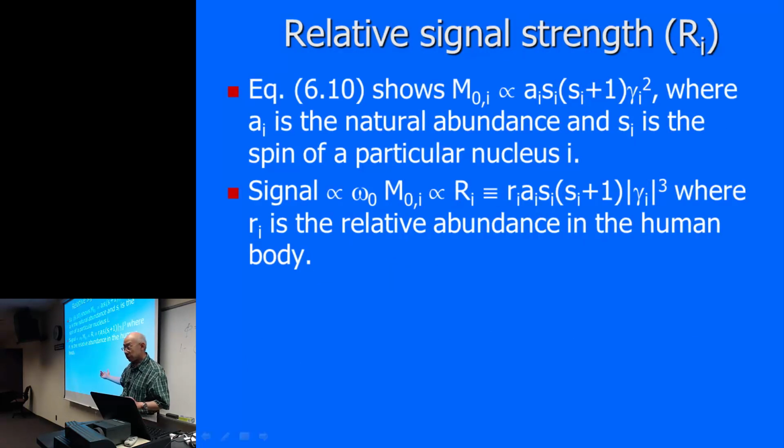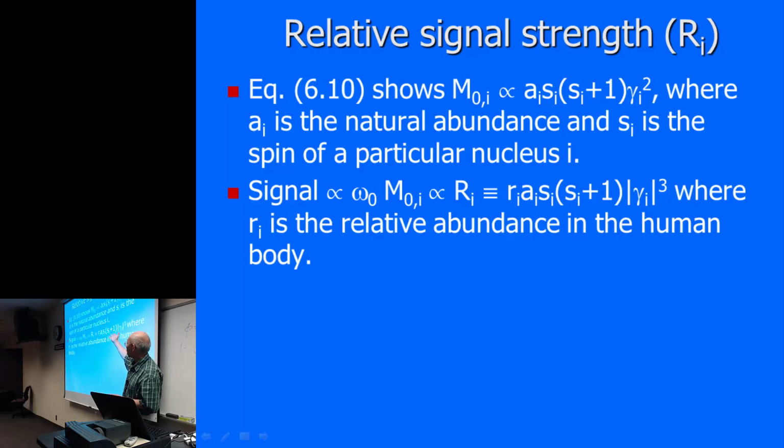Okay, and then for the relative signal strength, if you go back to, say, equation 610, we find that the magnetization is also proportional to those quantities. Now the first thing I just noticed is that it is proportional to gamma squared, and gamma is the gyromagnetic ratio. So that's the first thing to notice. Other things are kind of obvious.